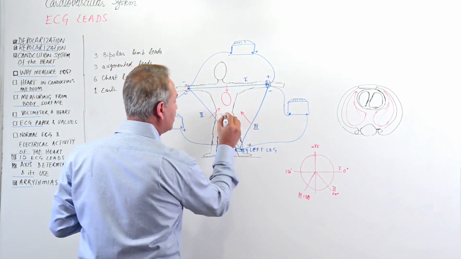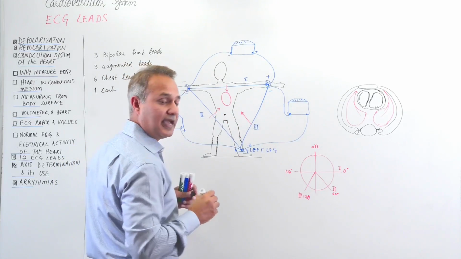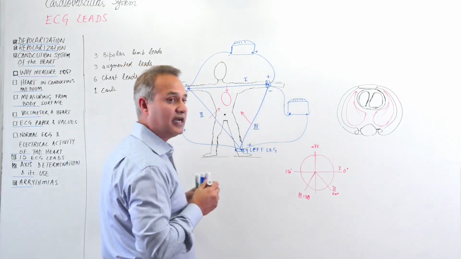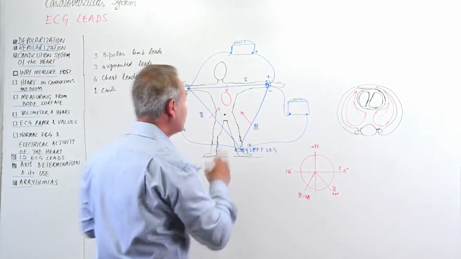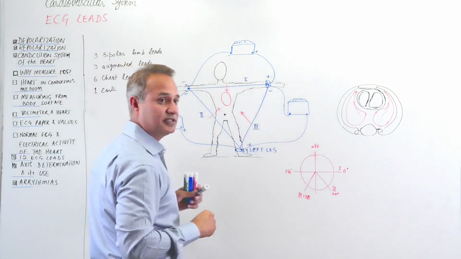This center is called Wilson's center, and this center can be used as a negative lead, and then you can put positive leads in various places.